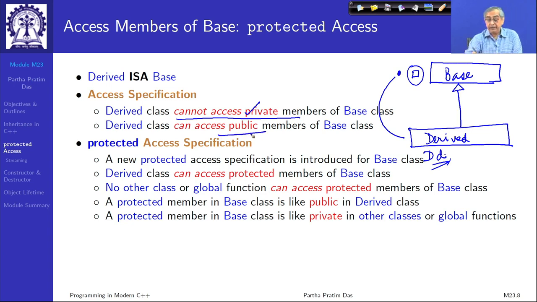If that member is in public, then the object of the derived class or the derived class member functions would be able to access it, because everyone can access it, right. So, this will lead to a new challenge in terms of encapsulation.